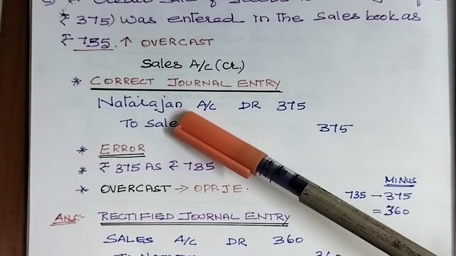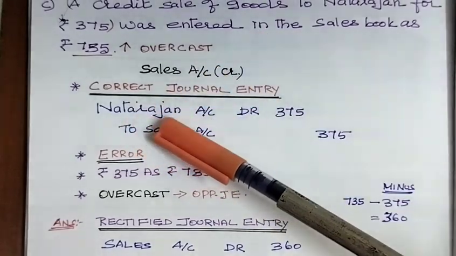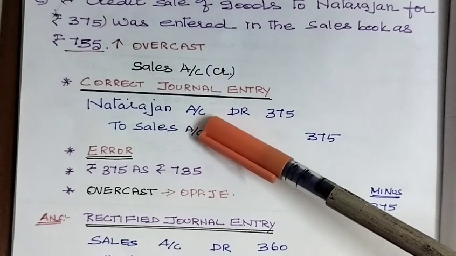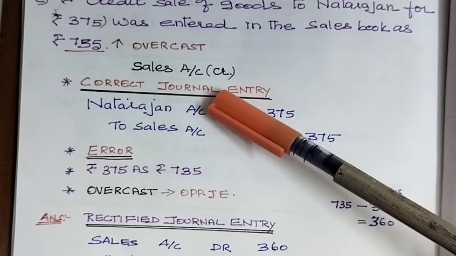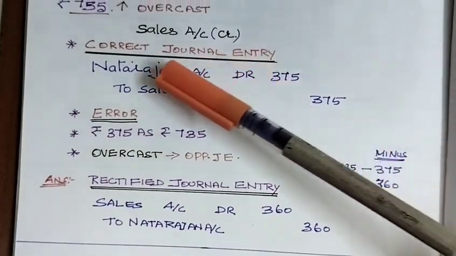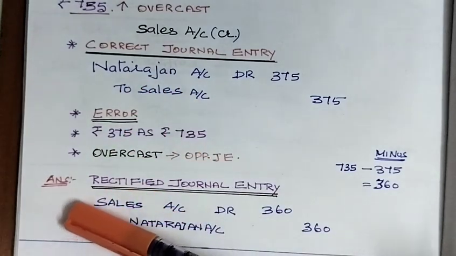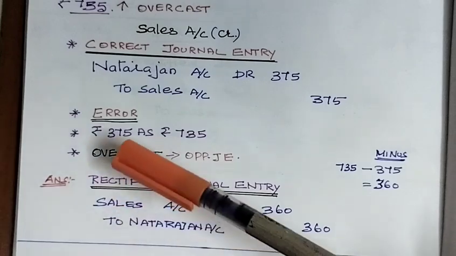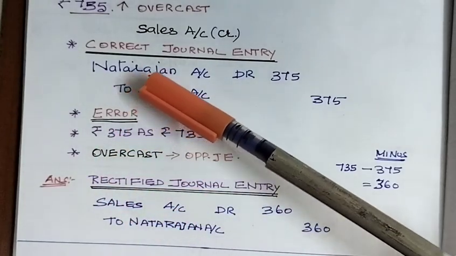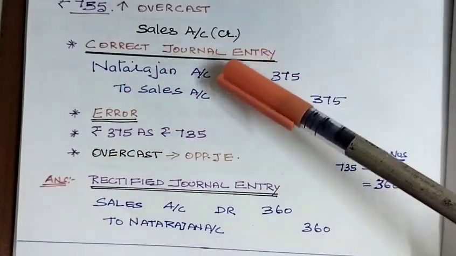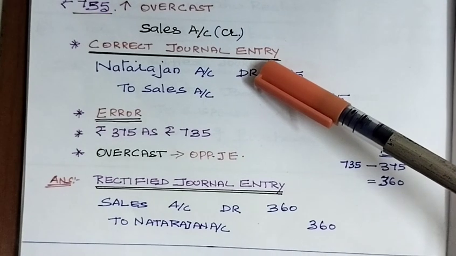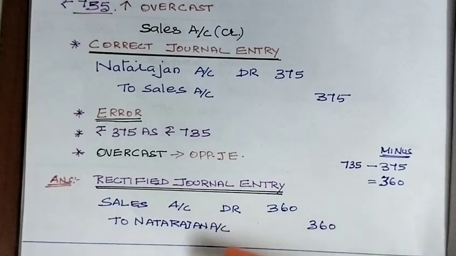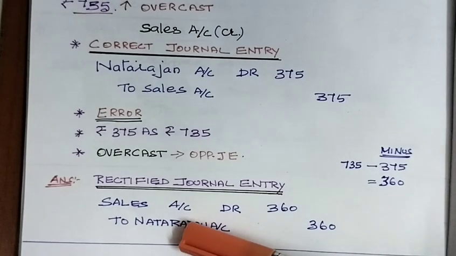What is the correct journal entry for this transaction? Natarajan account debit to sales account. How do we rectify it? We have to reverse it. This is the answer. The rectified journal entry is: Natarajan account, which is on the debit side, we have to credit it. So to Natarajan account 360 rupees. We credited the Natarajan account.